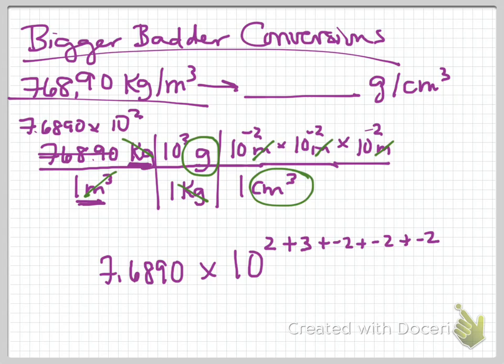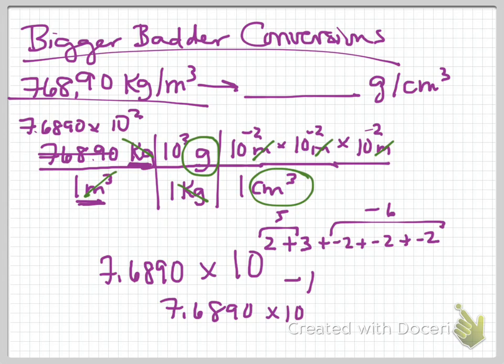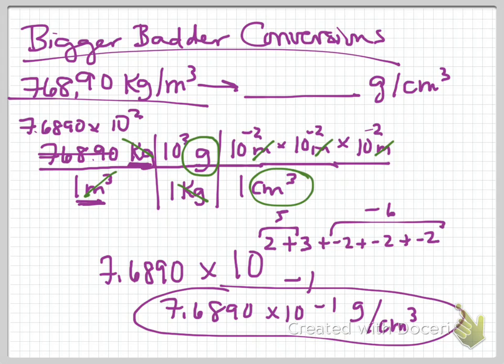What we end up with is that those two are 5, and that whole thing is negative 6. So we end up with 7.6890 times 10 to the negative first grams per cubic centimeter. We didn't do anything that altered the number of significant figures we had, so we're keeping all of those numbers. Okay, that's the first one.